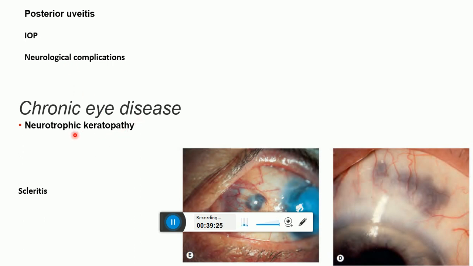Chronic eye disease: neurotrophic keratopathy, similar to that seen in HSV, develops in 50%. It is relatively mild and settles over several months. Prolonged severe disease occurs in a minority. Scleritis can become chronic and lead to patchy scleral atrophy. Staphyloma is rare.